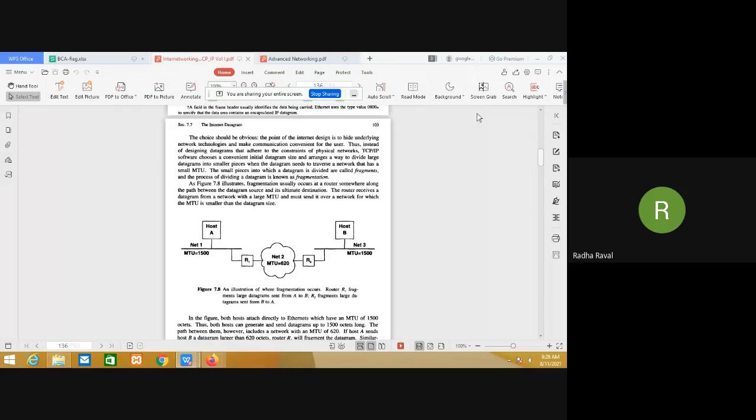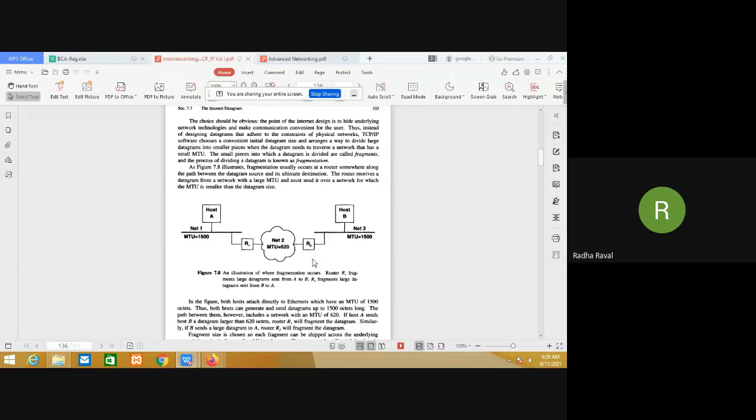R1 will do the fragmentation for data that passes from A to B, and R2 will fragment the data that passes from B to A. So R2 fragments the large datagram sent from B to A.